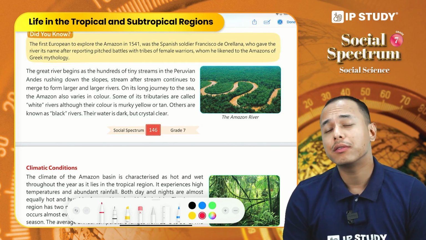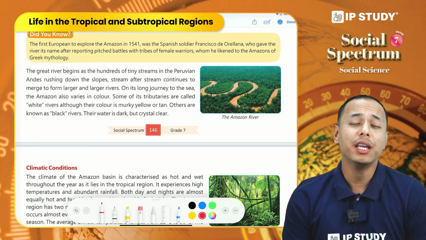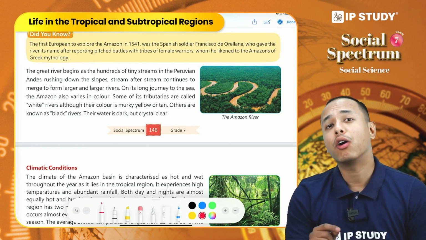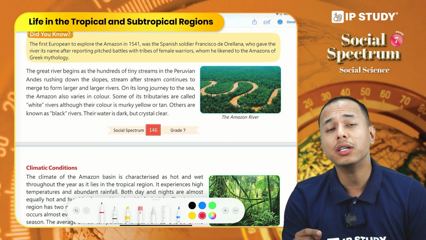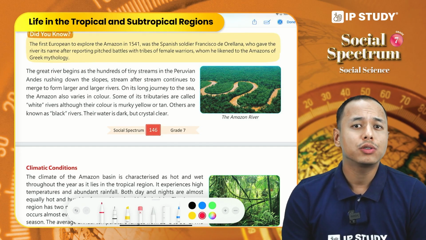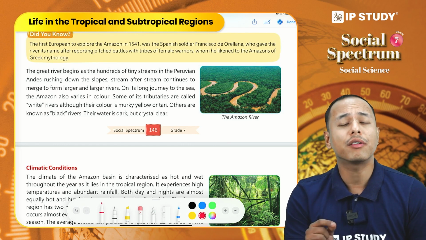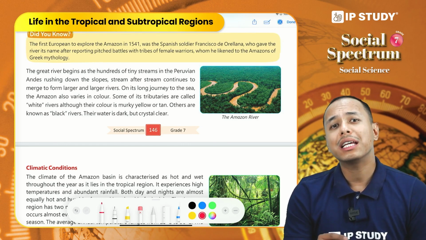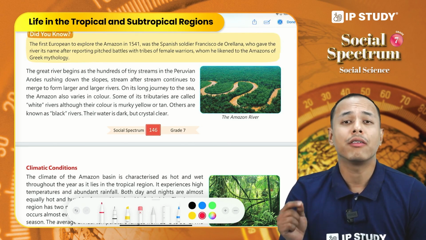So now let us discuss the origin of the Amazon River. The Amazon River originates as hundreds of streams and channels from the Peruvian Andes. These numerous streams all merge together to form a larger and larger river, and lastly the Amazon River. If you see the journey of the Amazon River from the Peruvian Andes to the Atlantic Ocean, we can see that the color of the river varies.